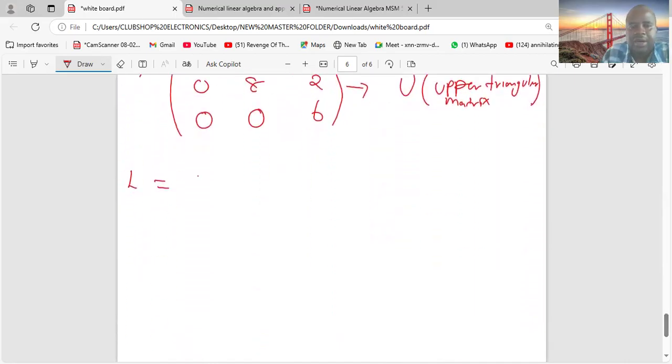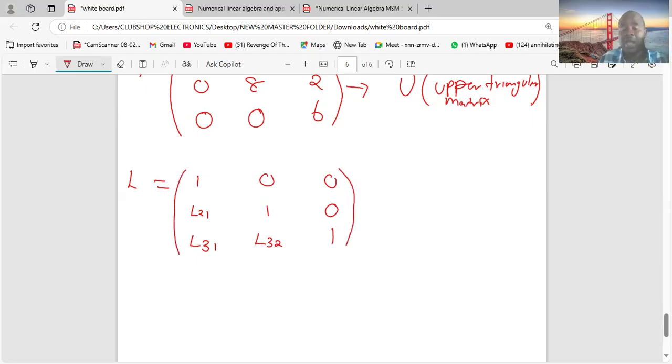We said our L is 1, 0, 0. Then here we said this is L2,1. Here it's 1. Okay, here there's 0. This is L3,1, L3,2. And here there is 1. Okay. This is what we have.